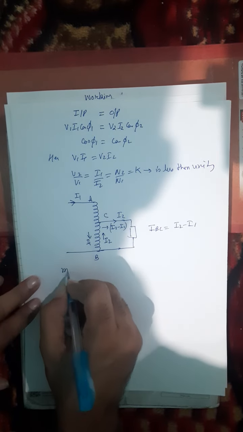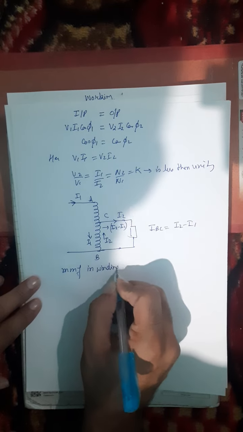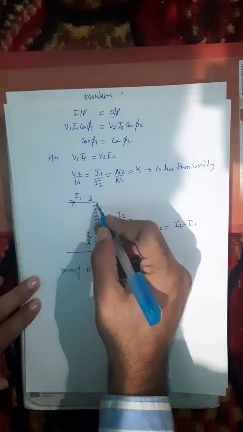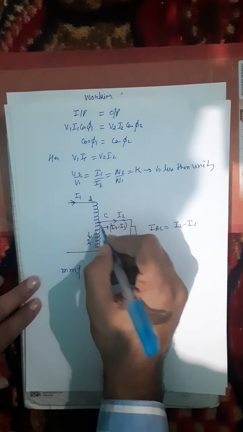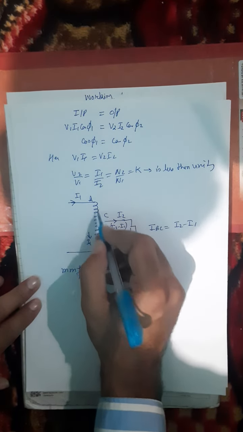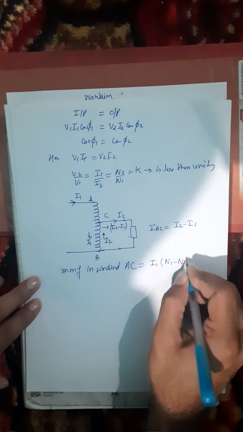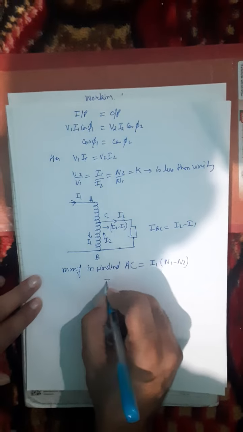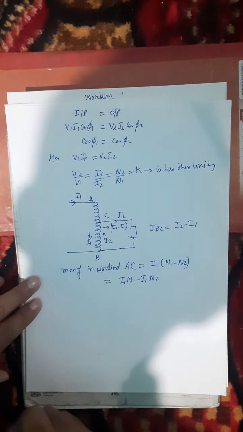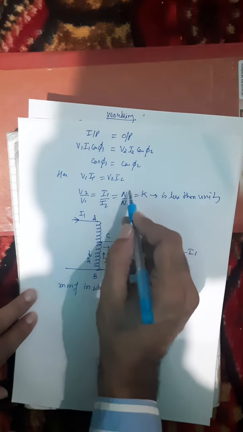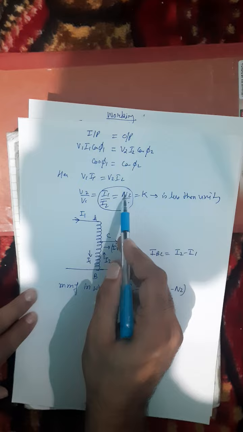Now the MMF in winding AC is given by current multiplied by the number of turns. So the current is I1, and the number of turns is N1 minus N2. I can write it as I1 N1 minus I1 N2. From the transformer action, I know that I1 N1 is equal to I2 N2.